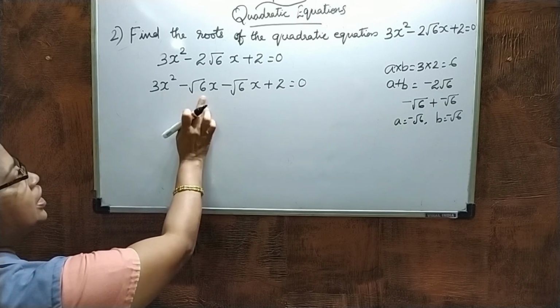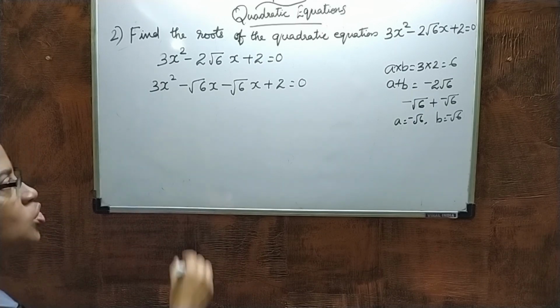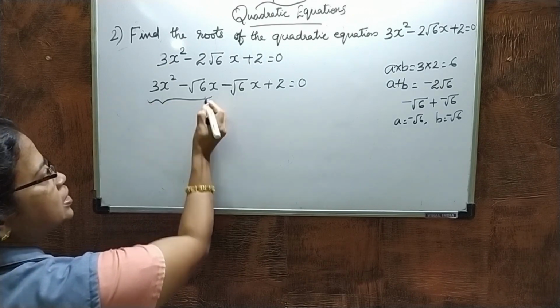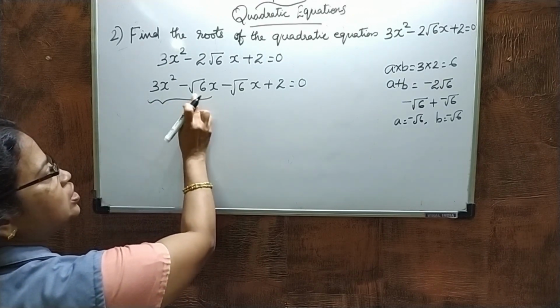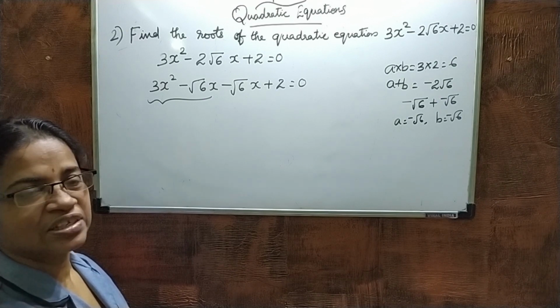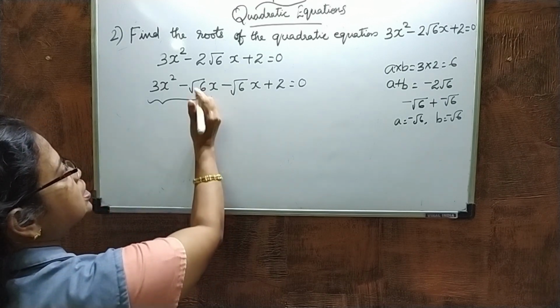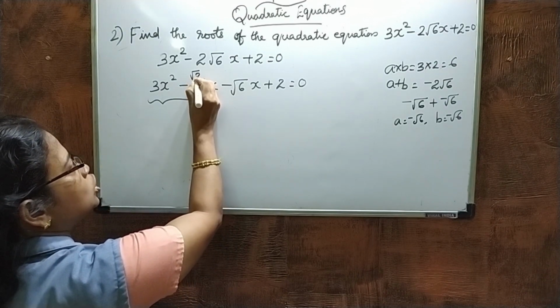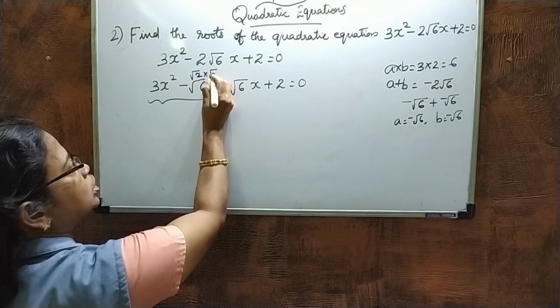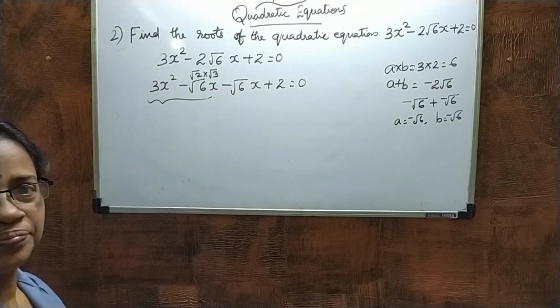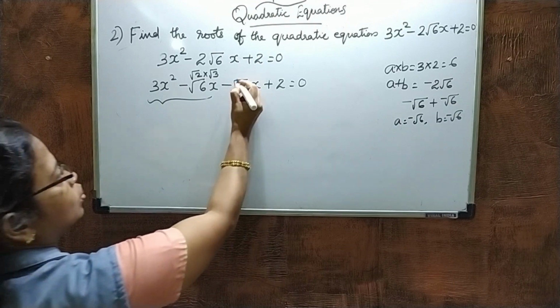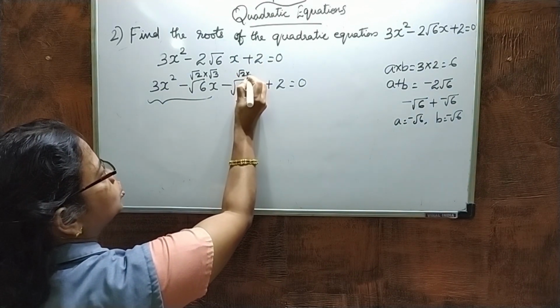Here 3 is there, here root 6 is there. So take your pencil and write what factors you can write. Here root 6 can be written as root 2 into root 3. Clear? Yes. So here also root 2 into root 3.